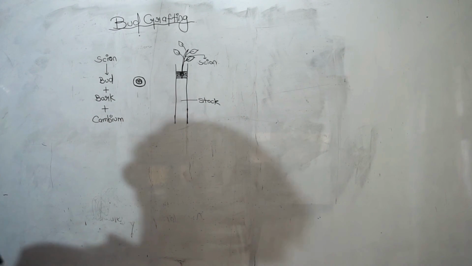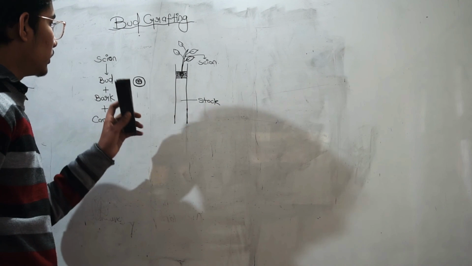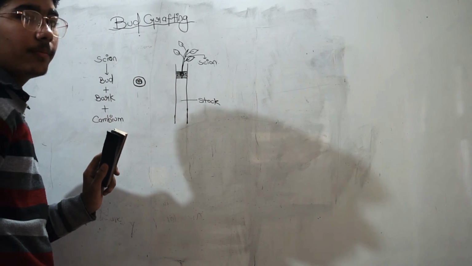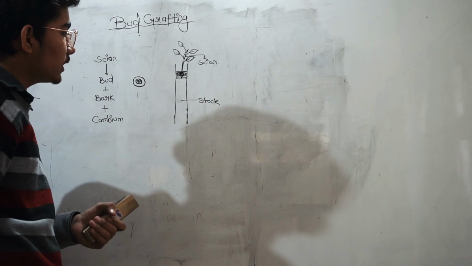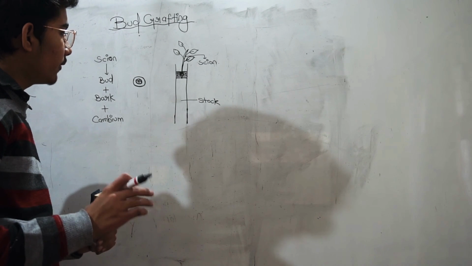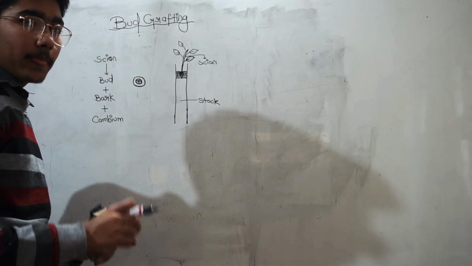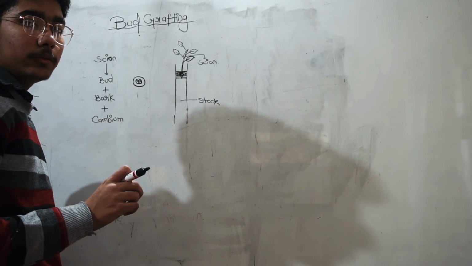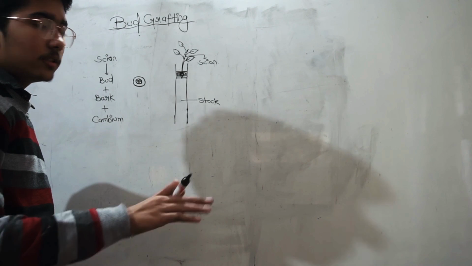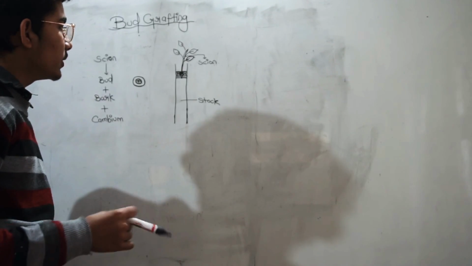So this is all about bud grafting. The grafting is done with the scion in the form of bud plus bark plus cambium. We will first give a cut in the stalk in the shape of T. The T shape cut is given. After this, we place that bud inside it, and the cut needs to be so deep that it can easily reach the cambium, the vascular bundles.